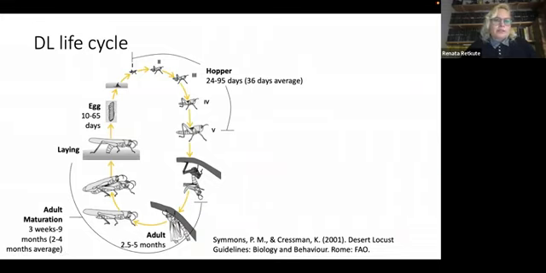The desert locust has quite a generic life cycle in comparison to other insects. Females lay eggs, then under appropriate conditions the eggs develop into hoppers, small locusts, and then hoppers eat and grow, and in approximately 36 days on average they become adults.